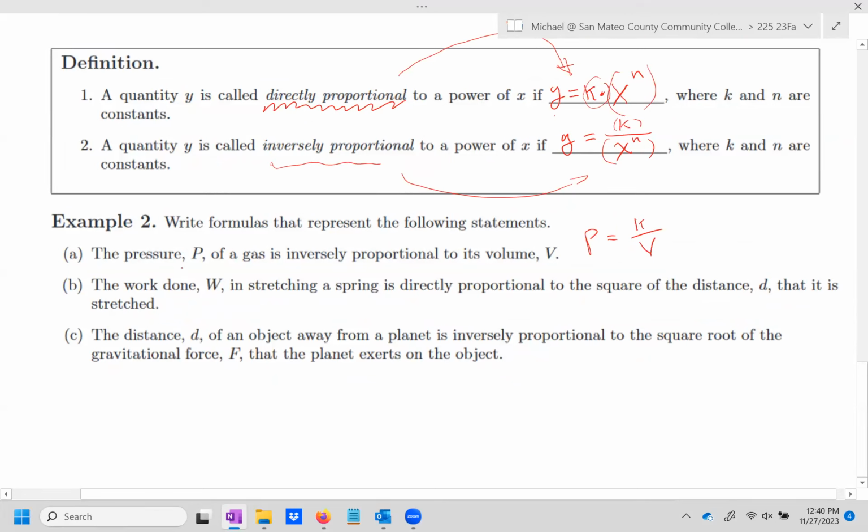But you could translate the phrase "is inversely proportional to" as P is equal to some constant K divided by V. We need information to find exactly what that K value is. We don't know what K is just from that, but we know that the function looks like that. And K is known as the constant of proportionality.